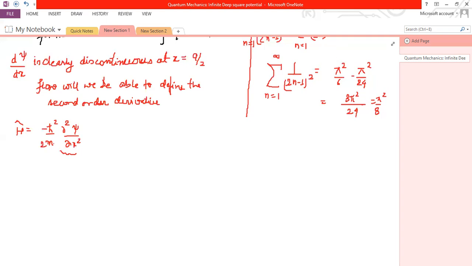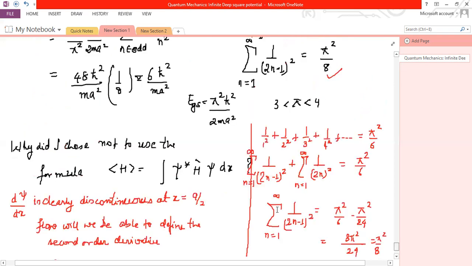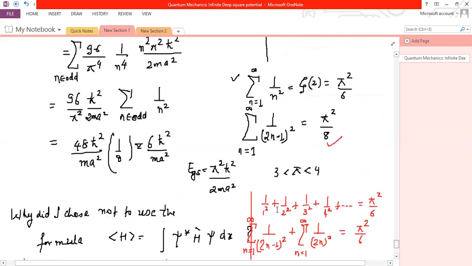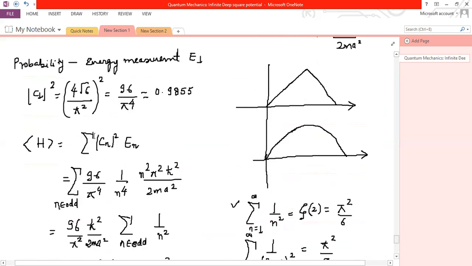Therefore we resorted to the formula that we derived. In order to find the expectation value of H, I simply did this particular calculation, that is the summation of |Cn|² into En.